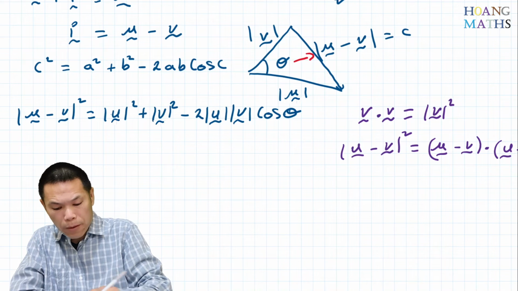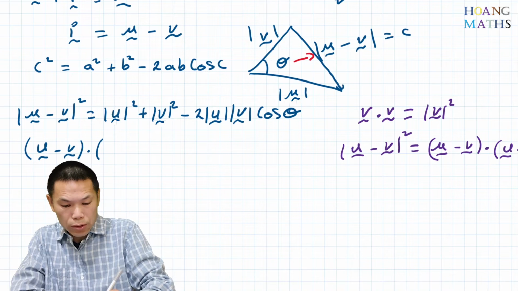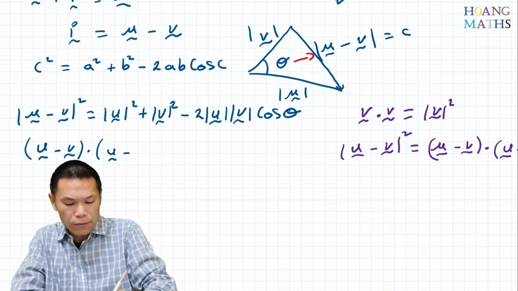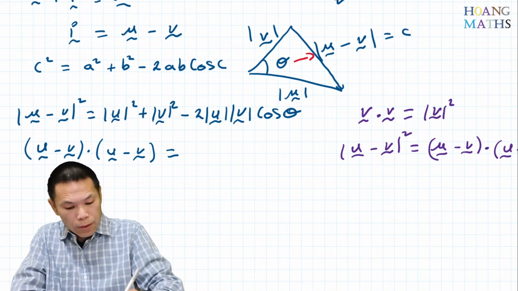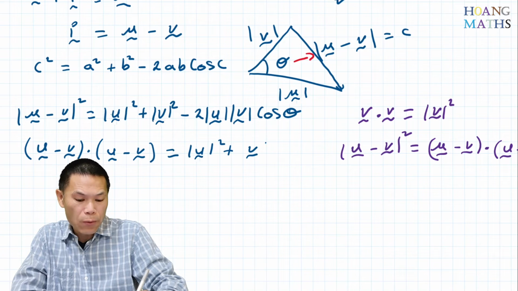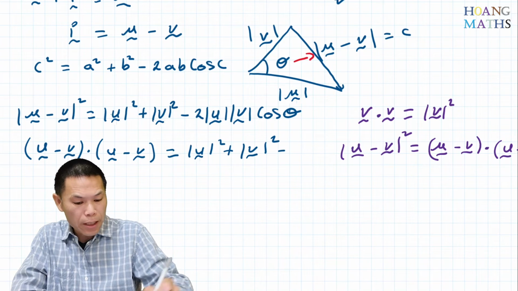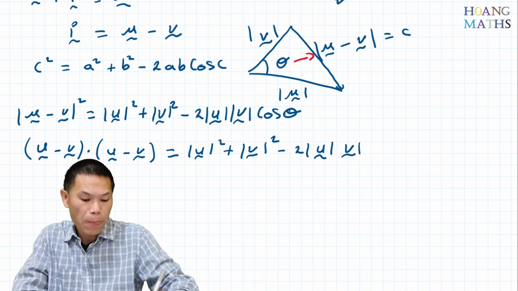So this will give me U minus V dot U minus V, which is equal to the magnitude of U squared plus the magnitude of V squared minus 2 times the magnitude of U times the magnitude of V and cos of angle theta.